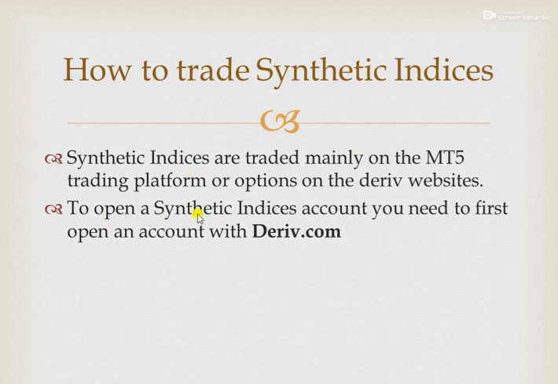To open a synthetic indices account, you need to first open an account with deriv.com. Why do we need Deriv? Because for now, Deriv is the main broker that offers synthetic indices as an instrument of trading.